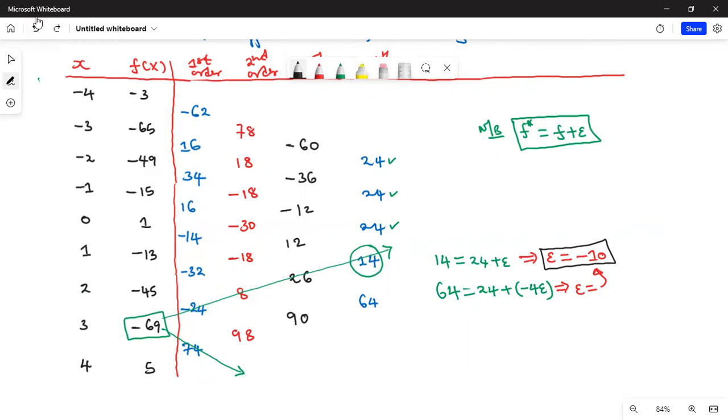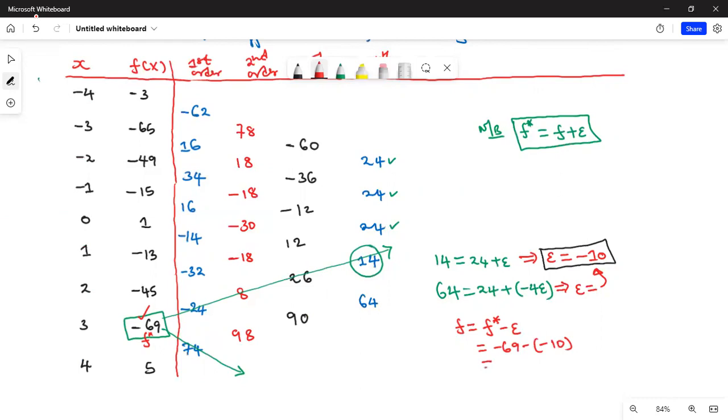It means this was a wrong value. So what do you think is the correct value? This is the f star that I'm talking about, the wrong value. So to get the correct value, f is equals to f star minus the error. And so the wrong value that was corrected was -69 minus the error, which is -10.